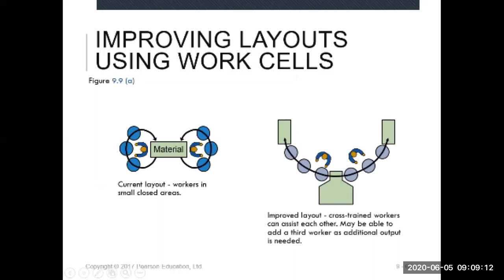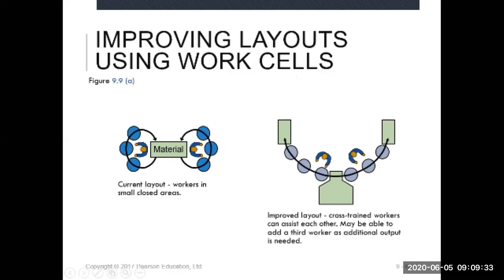So the current worker works in a small area, takes this material and does their own work. When you improve the work cells, you cross train workers so that they are able to assist each other. Right now they each do their own job.